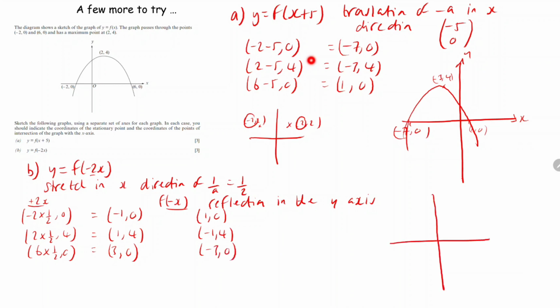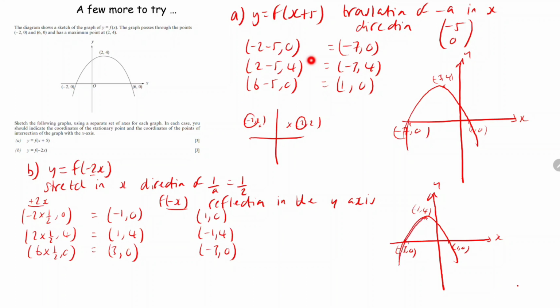We can then plot these, giving us y and x. 1, 0 will be here, minus 1, 4, and minus 3, 0 will be here. We end up with the following graph. That's not very well drawn there, sorry.